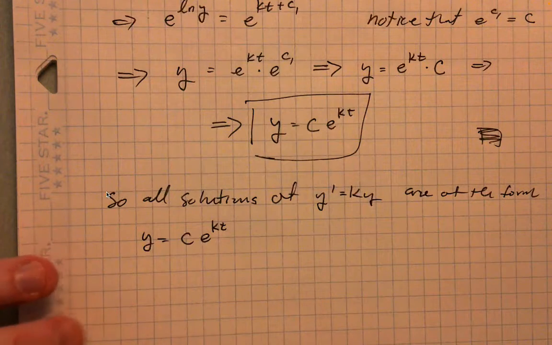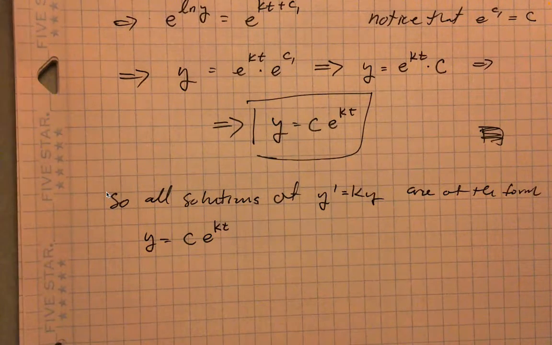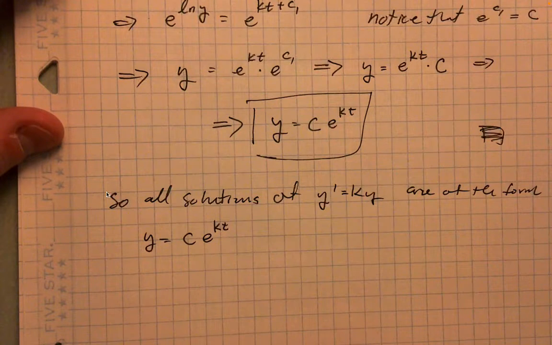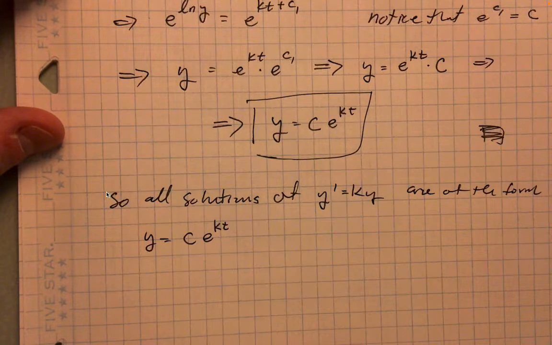Okay, and now one thing I forgot to mention with regard to this k, which I should mention, is that depending on the value of k, your model is either going to reflect growth or decay, exponential growth or exponential decay.